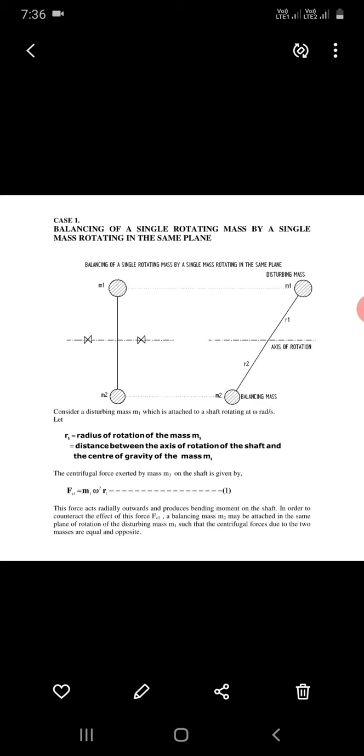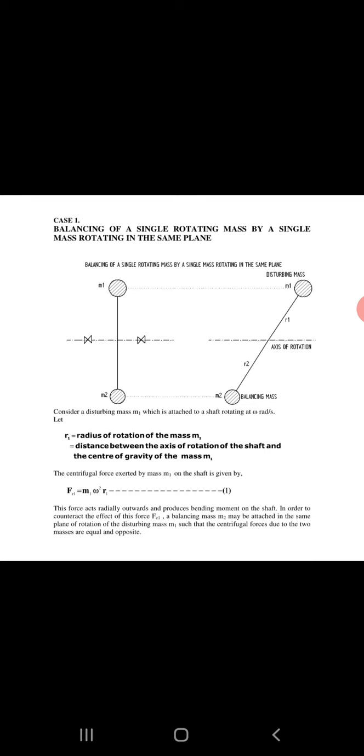Mass m1 we consider as the disturbing mass, having a radius r1 from the axis of rotation, and mass m2 is the balancing mass with the radius r2.